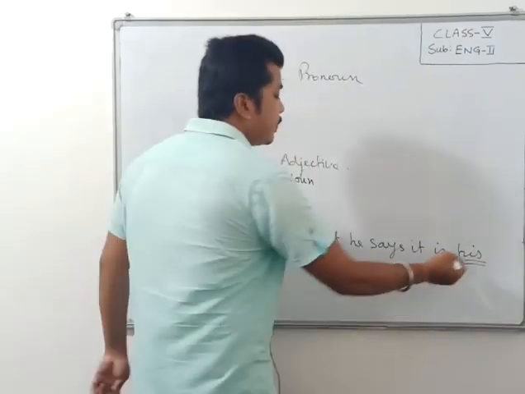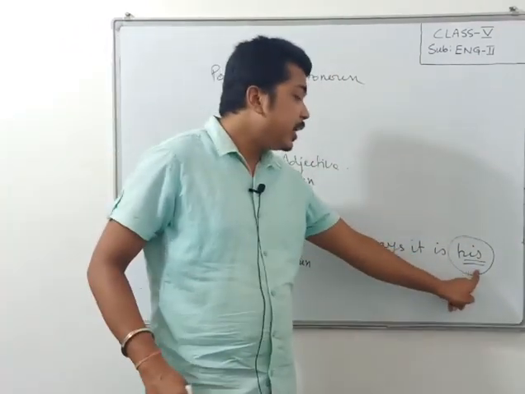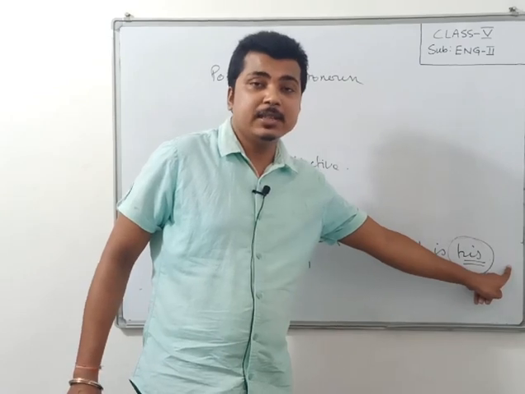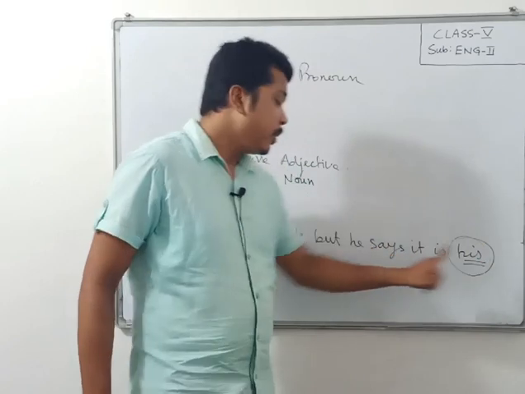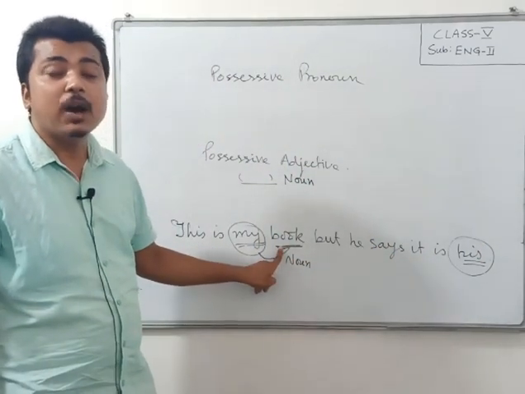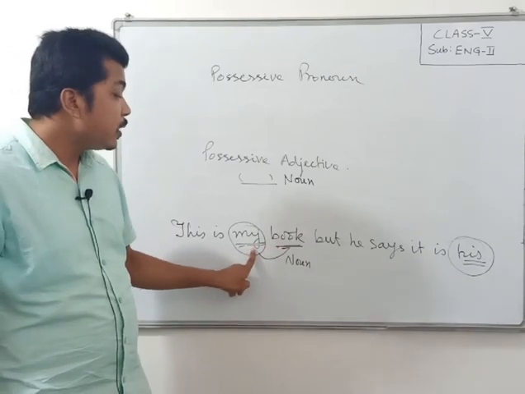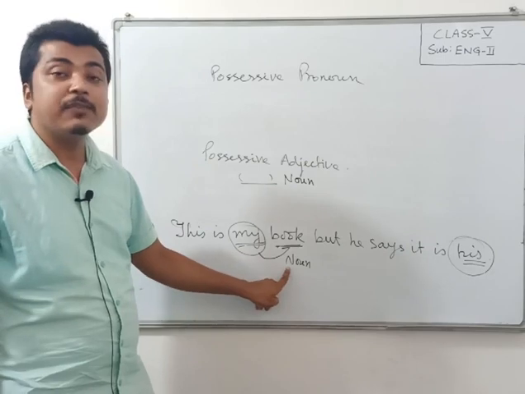Suppose you see here, his is a pronoun, but there is no word after his, isn't it? That means in this case it will become what? Possessive pronoun. But here after the pronoun you have the word book. Book is a noun. That means when a pronoun is placed before a noun, it will become possessive adjective.